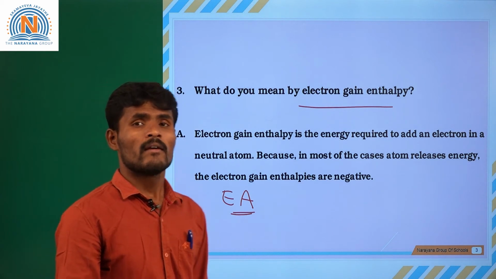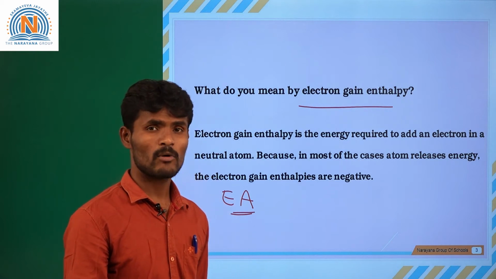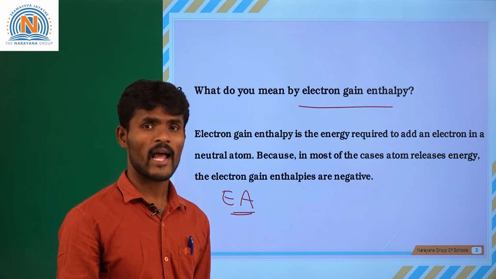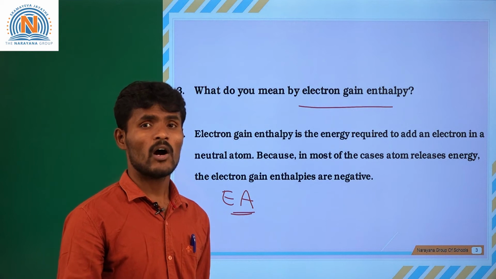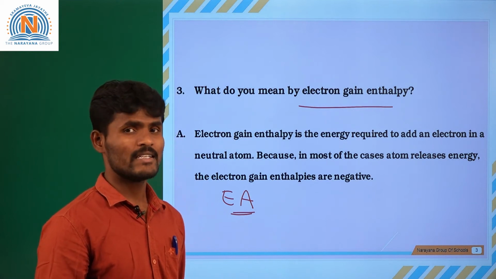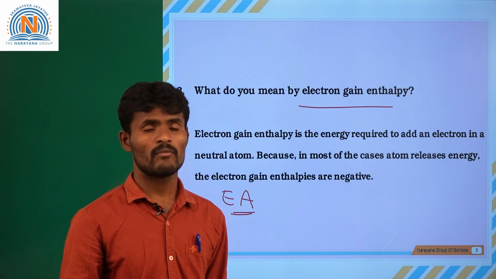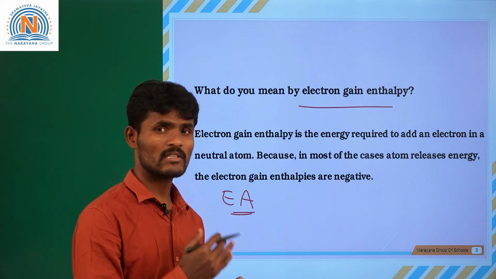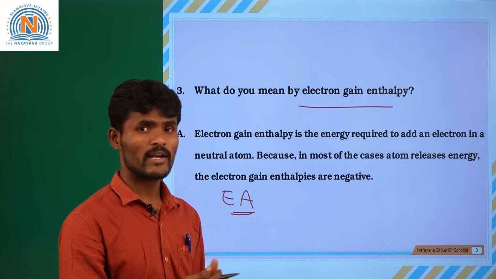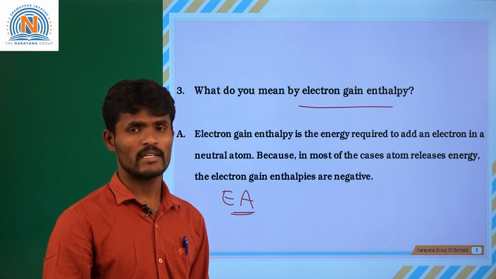It is the amount of energy released when an electron is added to the outermost shell of an isolated neutral gaseous atom. When an electron is added to the outermost shell, some amount of energy is released, and that energy is called electron affinity.